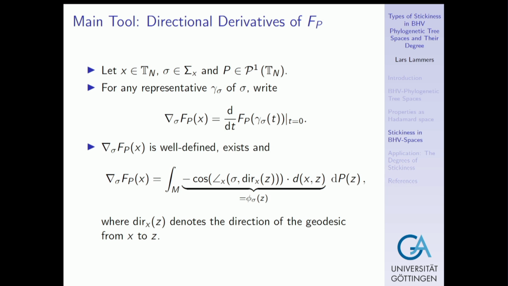This gives us directional derivatives. They exist, are well defined, and we even have a nice formula for them. Basically, we integrate over something like an inner product with a unit direction, and we denote this by φ.